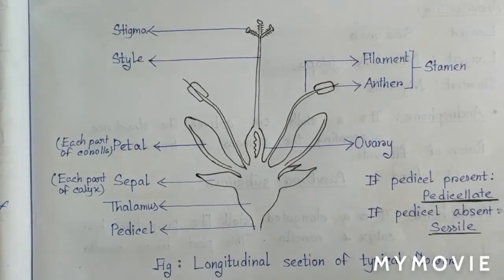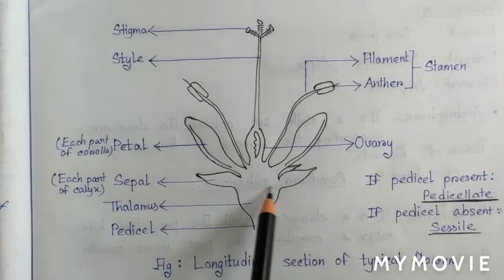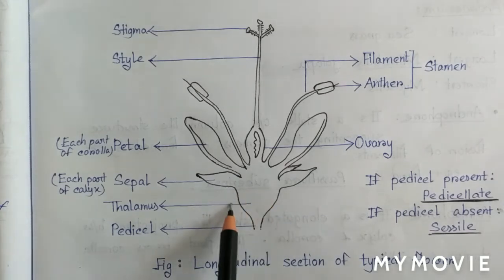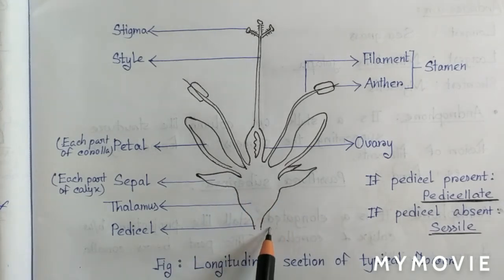First, we discuss pedicel, meaning this part. It is greenish in color, generally tube shaped, which is present at the bottom of typical flower, and thalamus is attached with it. This part is known as thalamus. This part is known as pedicel.